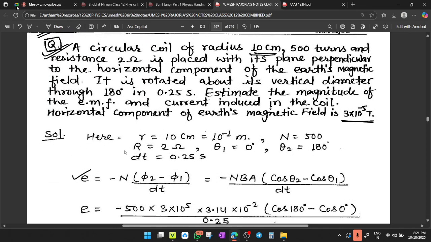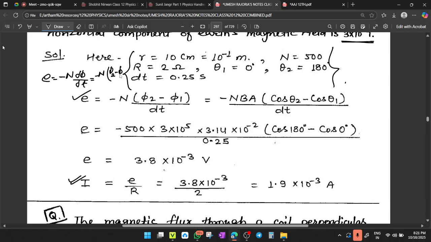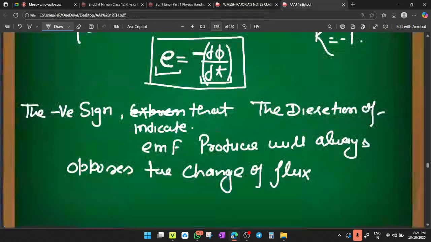Now, by Faraday's law and Lenz's law, E equals minus N d phi by dt, that is equals minus N times the change in flux, phi 2 minus phi 1, upon the change in time delta t. So we will apply this formula.